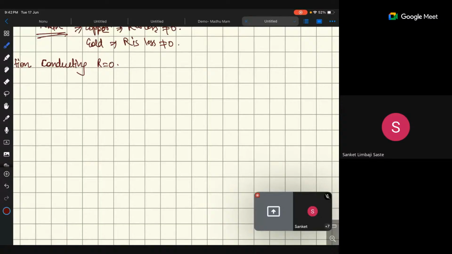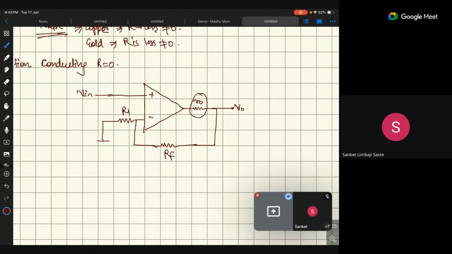So that means we have a circuit. This is the internal resistance, or internal output resistance, of the op-amp.